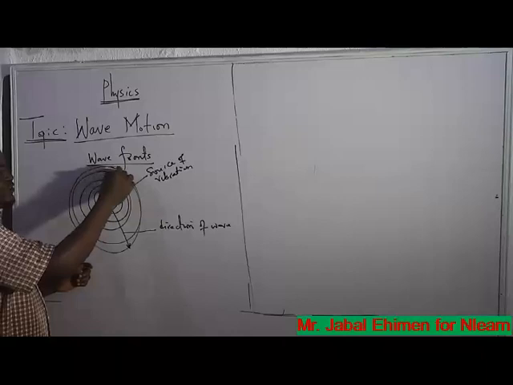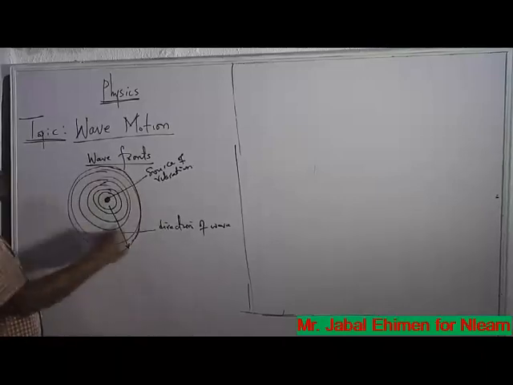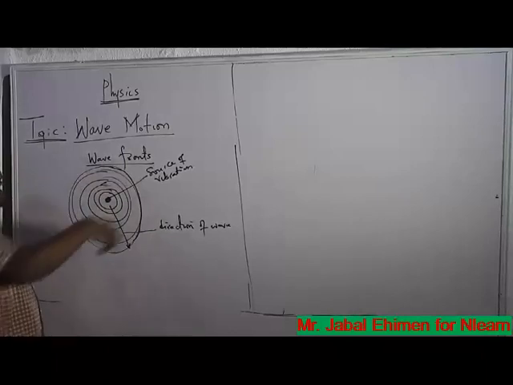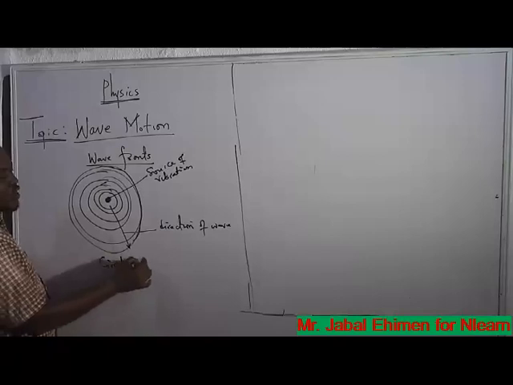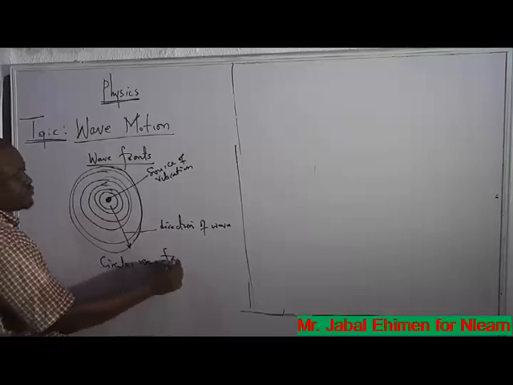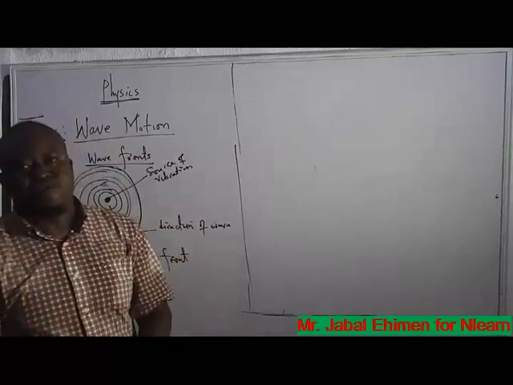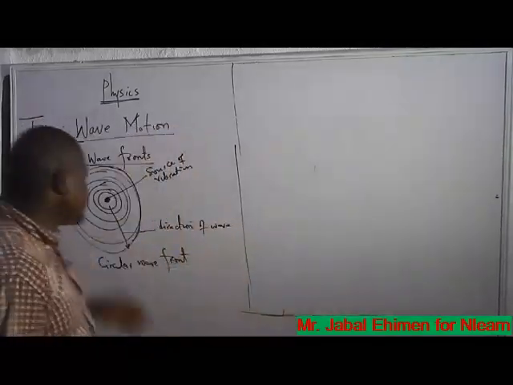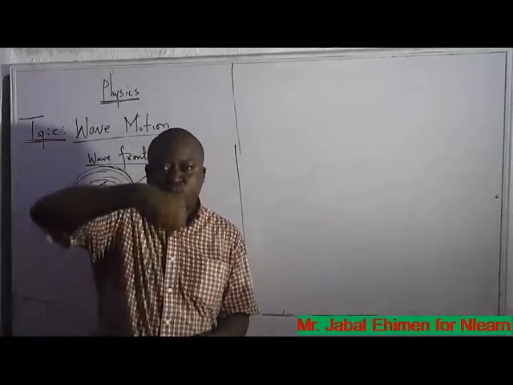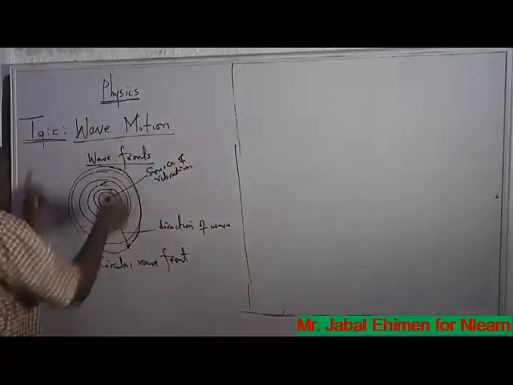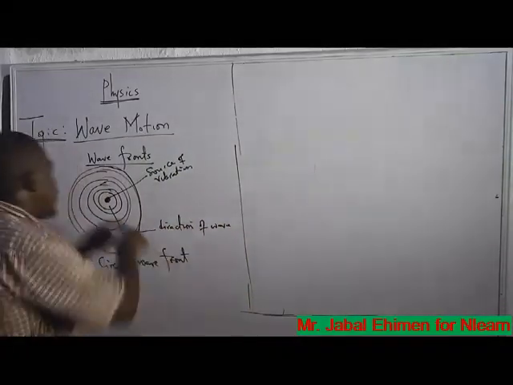This particular direction gives me a circular wavefront. So anytime you want to create a circular wavefront, what you need to do is to put a circular body and throw it inside water. You create a circular wavefront.